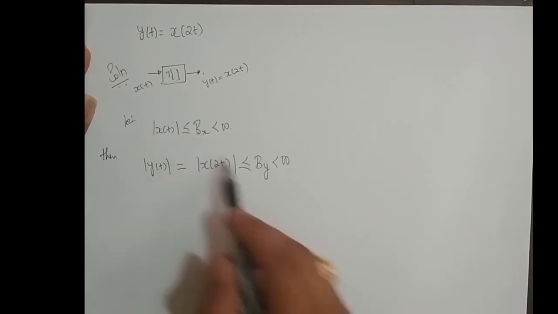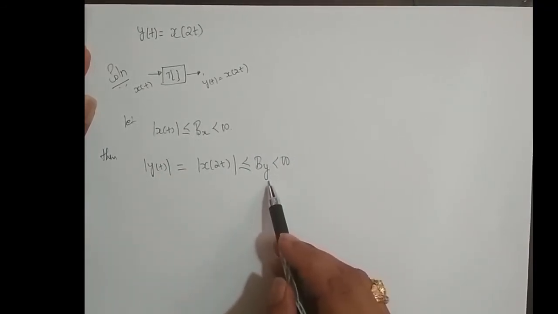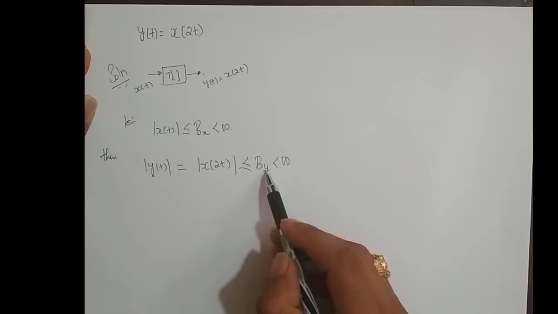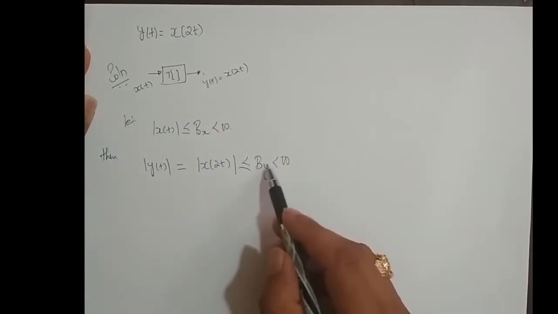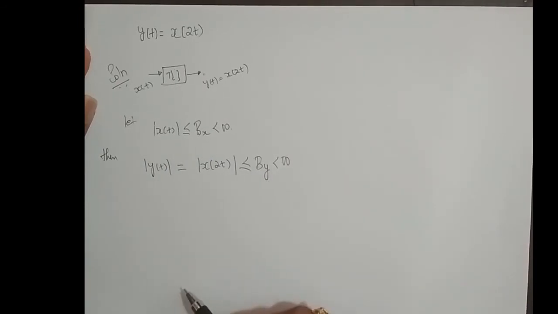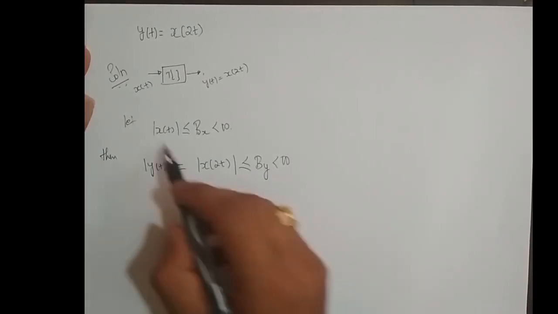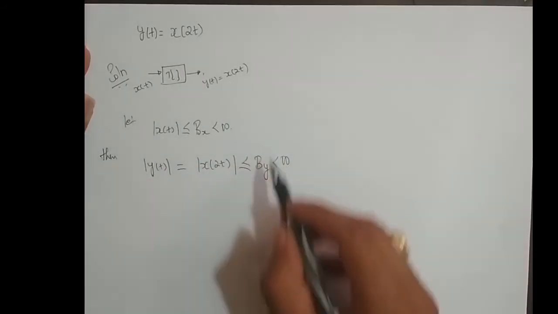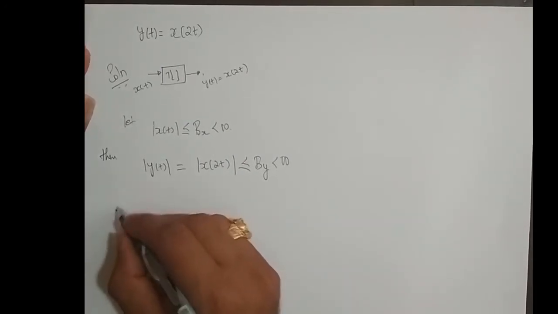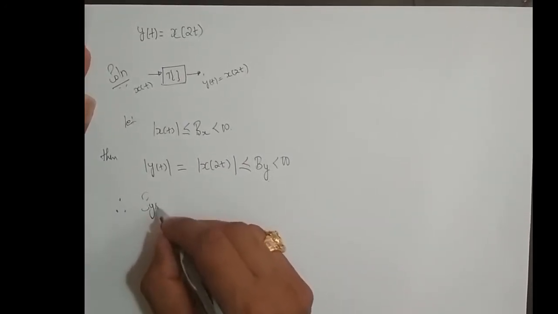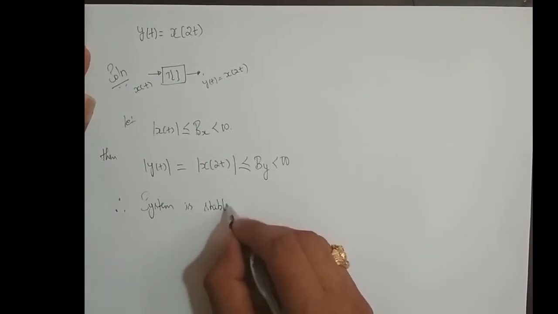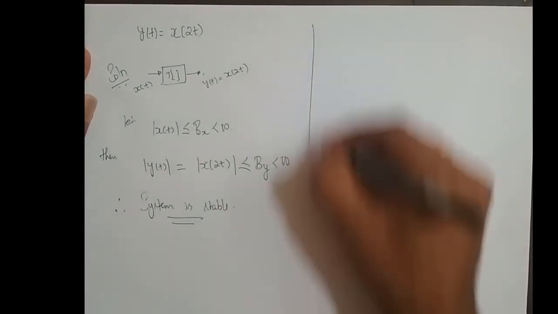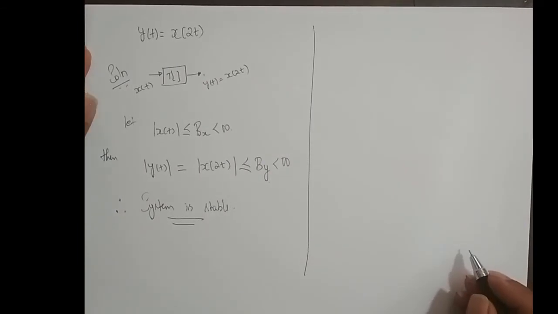So for every bounded input I apply, I am getting bounded output. I can write this as bx also, because the input and output are the same, but we'll stick to the definition. So therefore the system is stable. Why? For every bounded input I am getting bounded output.